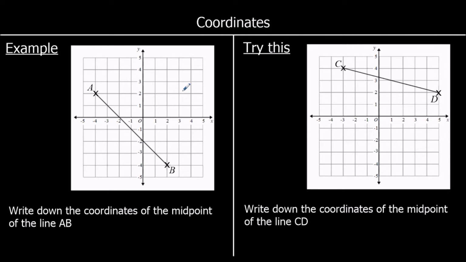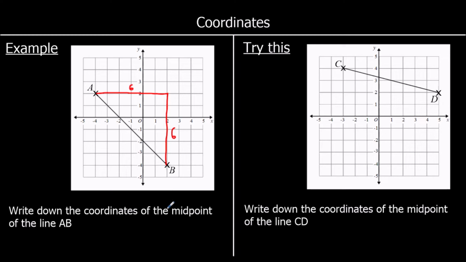To get from A to B, we're going to go along 6 on the x-axis, and we're going to go down 6. So we've gone along 6 and we've gone down 6.